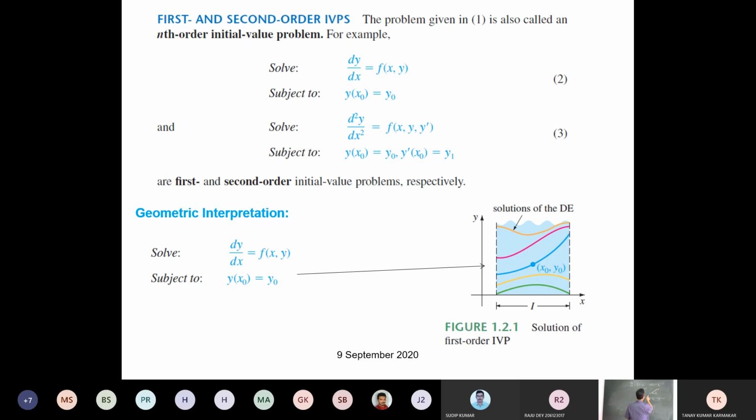Here, when we are trying to seek the solution in the interval AB, suppose this graph, y equal to y(x), is the solution curve.